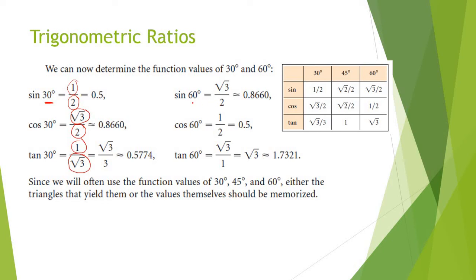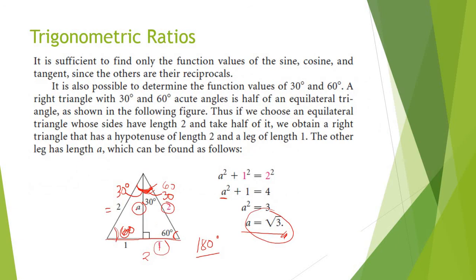Considering the 60 degrees angle, the opposite is square root of 3, the adjacent is 1, and the hypotenuse is equal to 2.